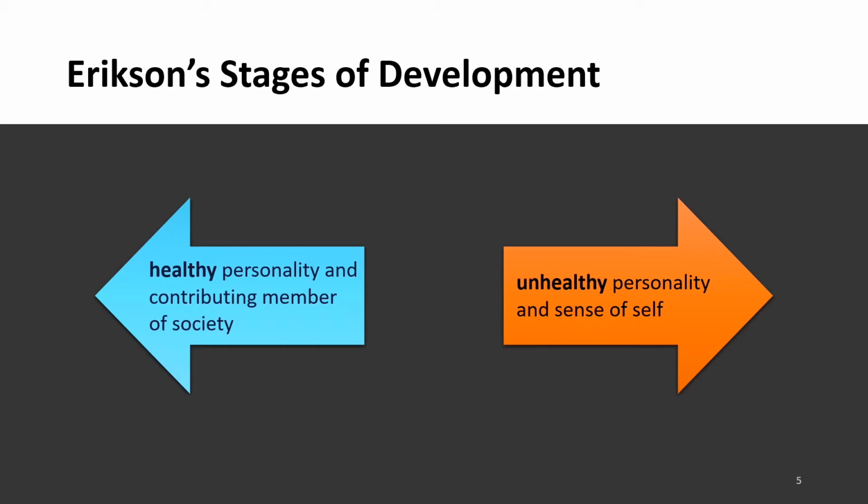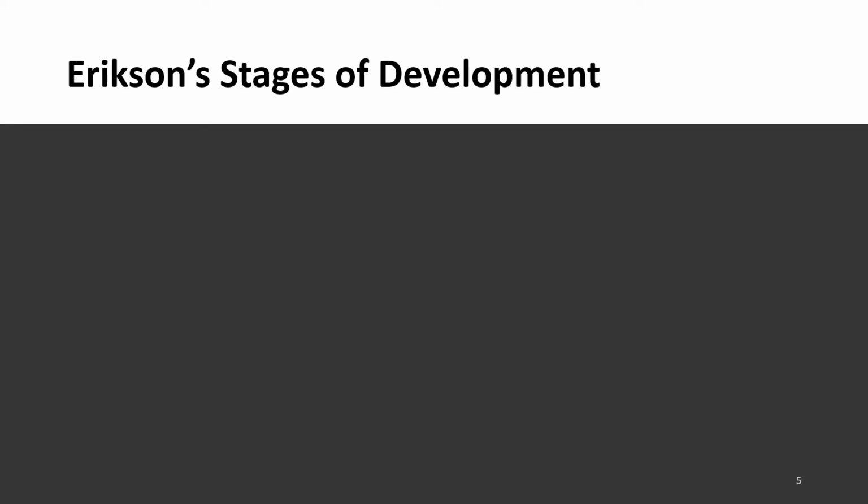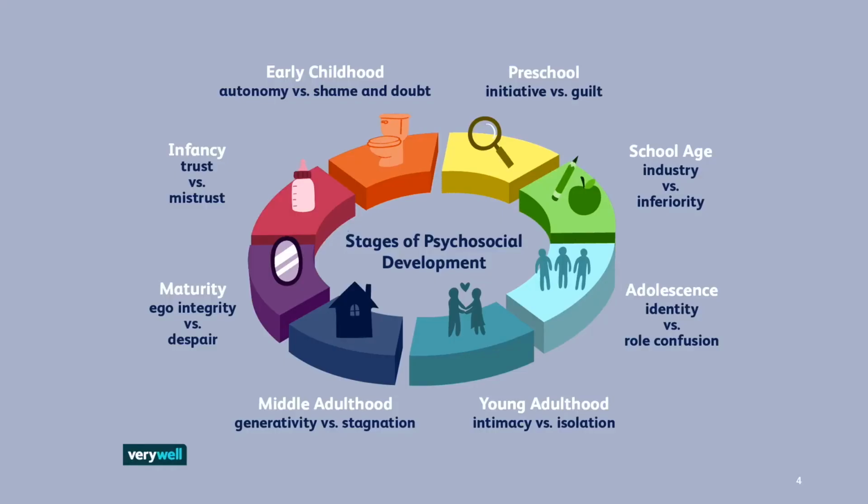So in Erikson's stages of development, healthy adjusted adults might be ones that have a sense of trust and stability, a relationship that has helped shape us, that we can go to for security and support.